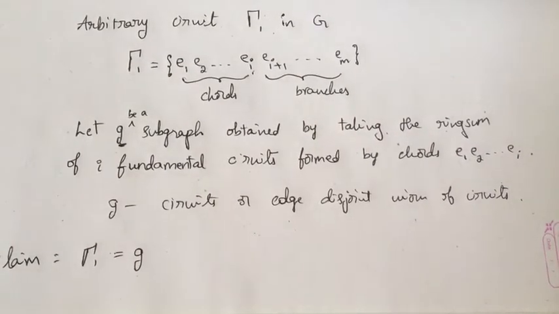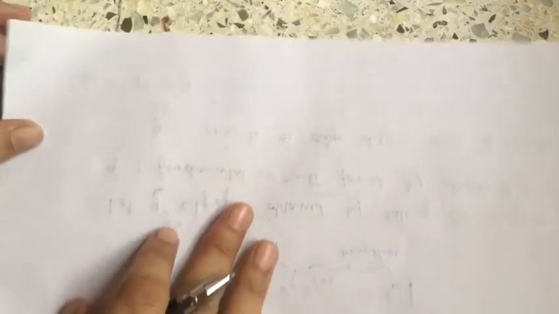How? Let us see that. Suppose if these two are not equal, what happens? I'll assume the contradiction.